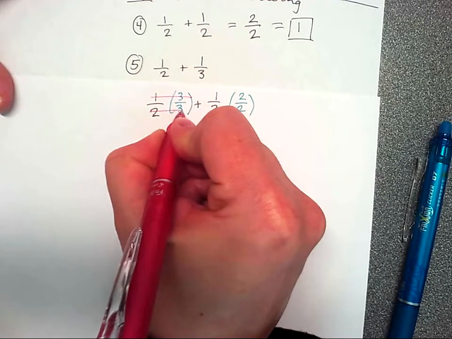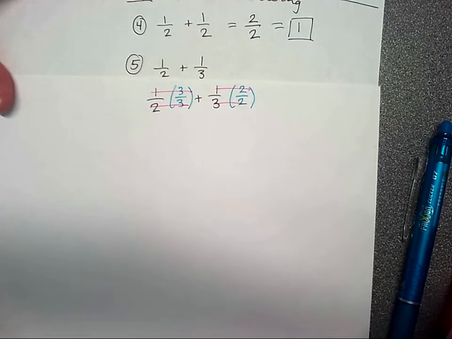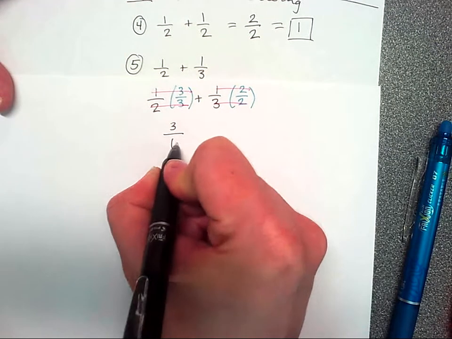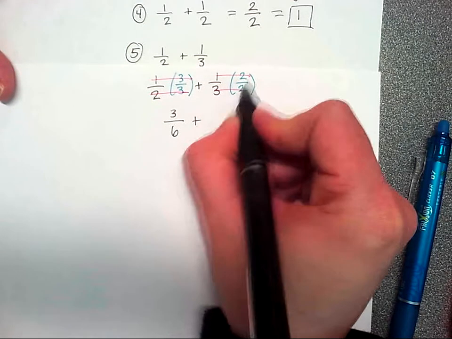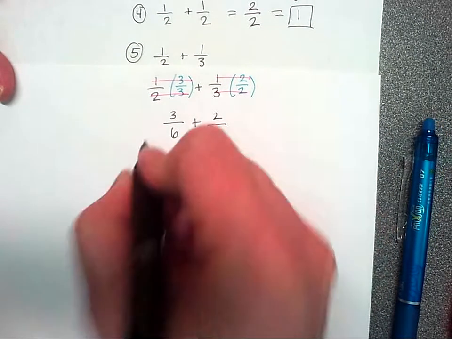When I multiply fractions, I do numerator times numerator, denominator times denominator. So I do that for both. 1 times 3 is 3, 2 times 3 is 6. Then for the other fraction, 1 times 2 is 2, and for the denominators, 3 times 2 is 6.